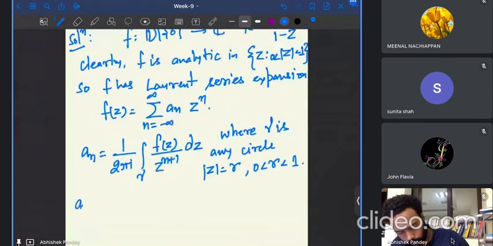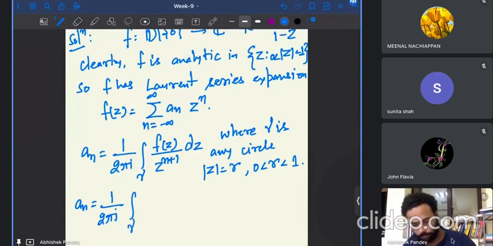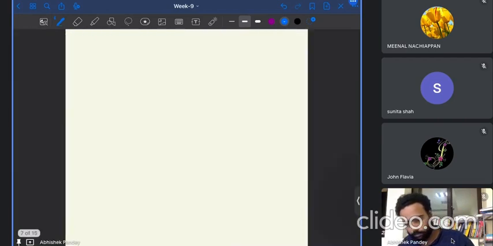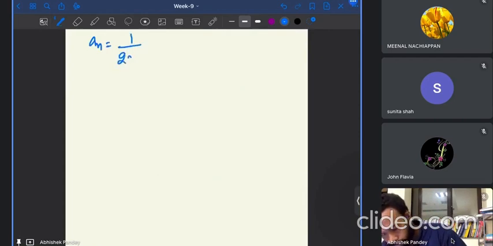So this is nothing but the integral over gamma of dz upon (1 - z) times z to the power n plus 1. Let me write it again.